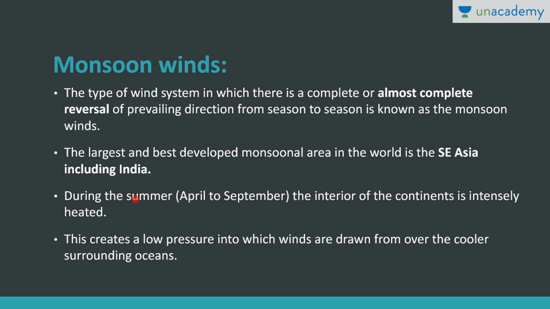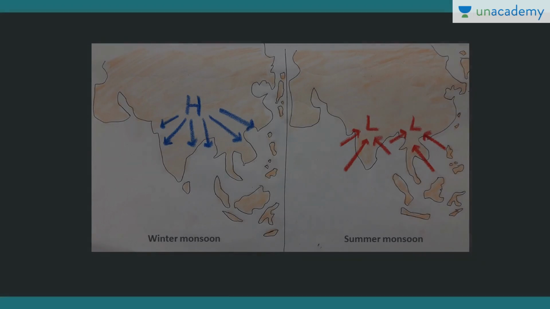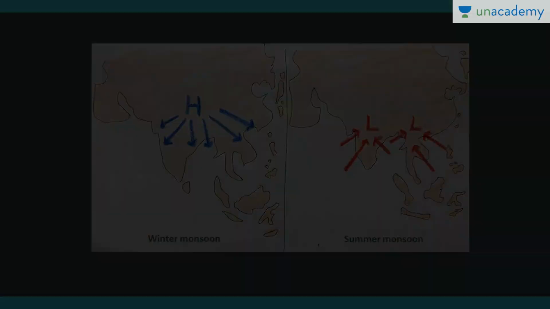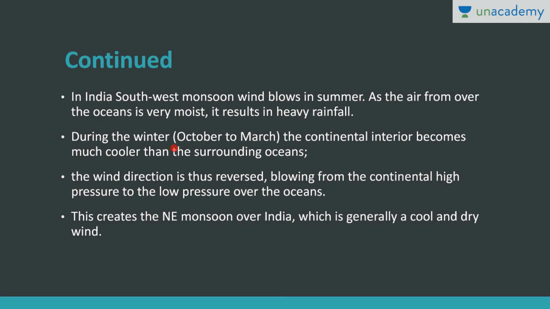During the summer, the interior of the continents is intensely heated, right? That creates a low pressure into which winds are drawn from over the cooling surrounding oceans. You can see this here. This happens during summer. Due to intense heating of the continent, low pressure is created and winds are drawn from surrounding water bodies. And in the winters, just the reverse happens.